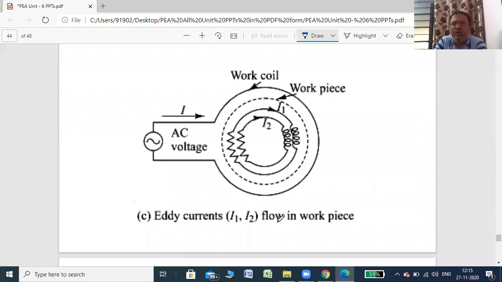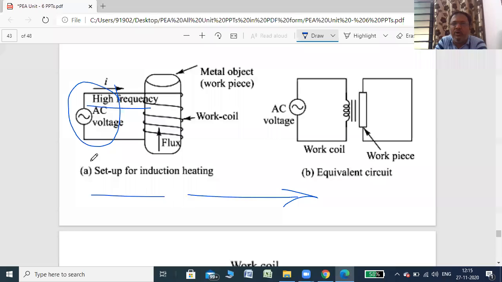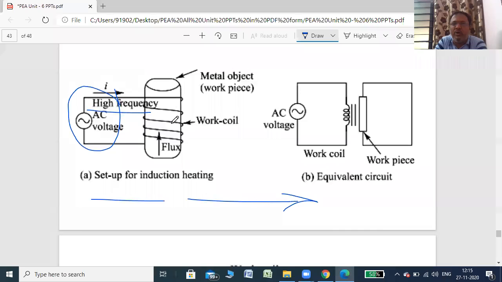Okay, so what happens exactly? When the current passes through this particular coil called the work coil, then the flux is induced across this work coil. This will produce heat in the metal piece. Once the metal piece is heated, then the EMF starts to induce in the metal piece. Once EMF is induced, automatically the magnetic field starts to produce across this workpiece again.